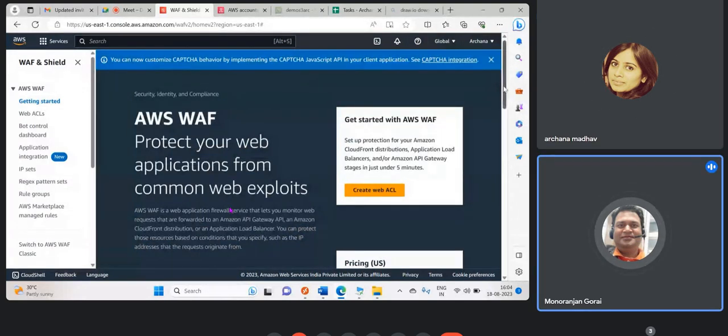Let's understand these particular sentences. What is there on this page? That will give you a very broad view. It says protect your web applications from common web exploits. Now, what is a web application? Let's say it is basically something which you are accessing from your browser. In this application itself, let's say Amazon, you have the URL us-east-1.console.aws.amazon.com. That is the web application.